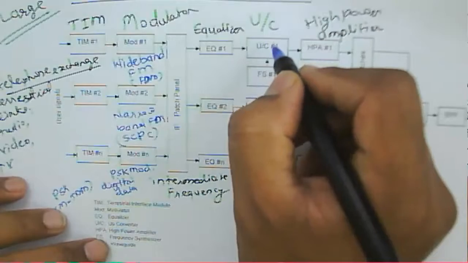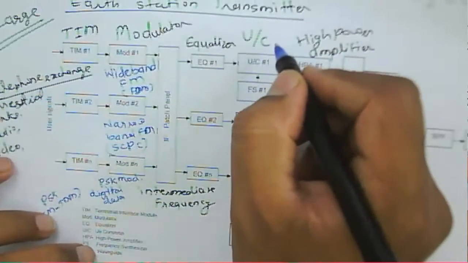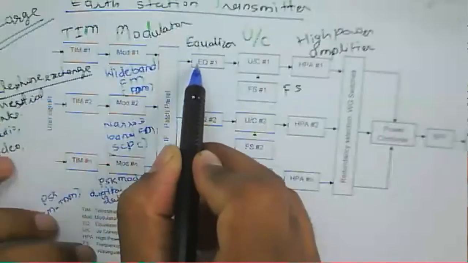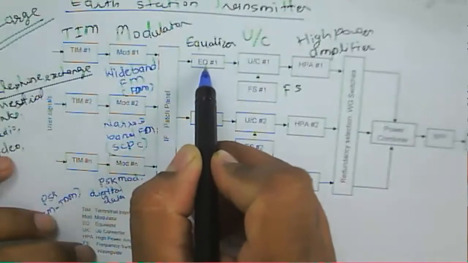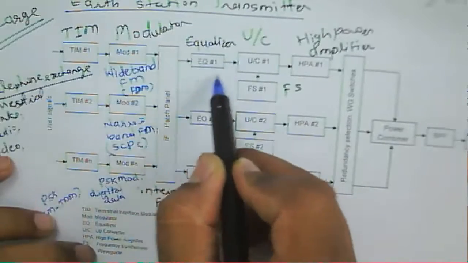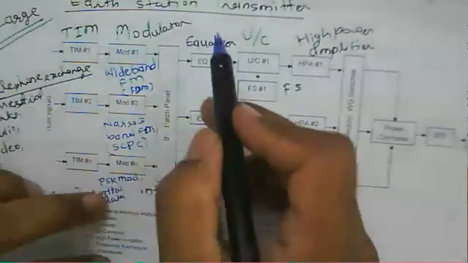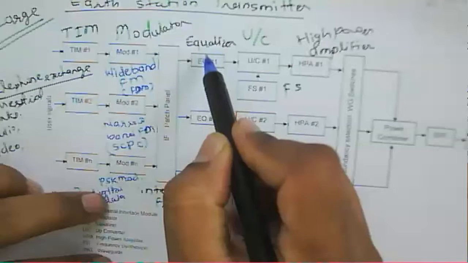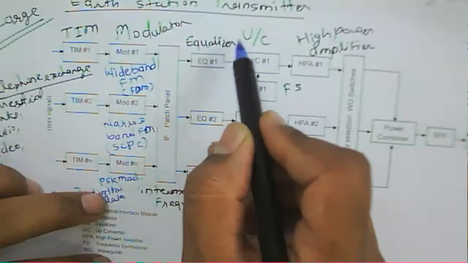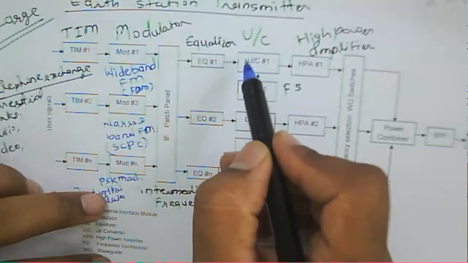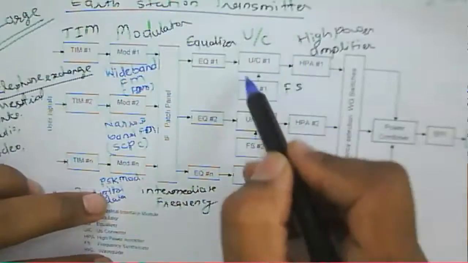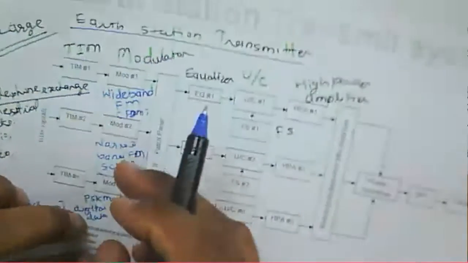And that up converted signal means the selected IF signal, and it will select that particular equalized channel, and then whatever the channel is, that will be up converted to the appropriate radio frequency signal.